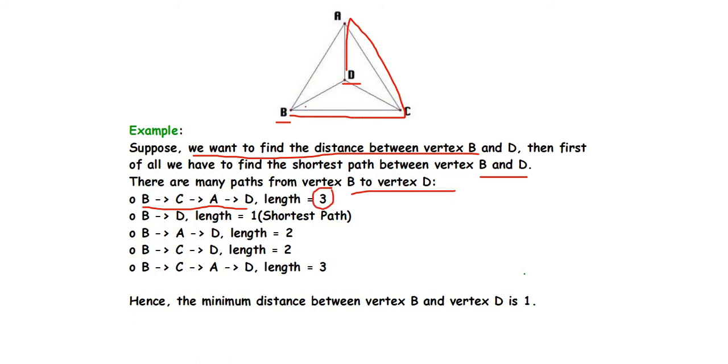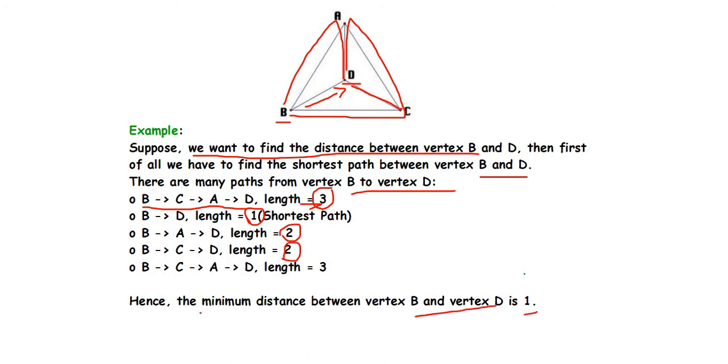The shortest path is B to D directly, which is 1. You can also traverse from B to A and A to D, which has length 2, and similarly B to C and C to D, which is also 2. Hence the distance between vertices B and D is 1.